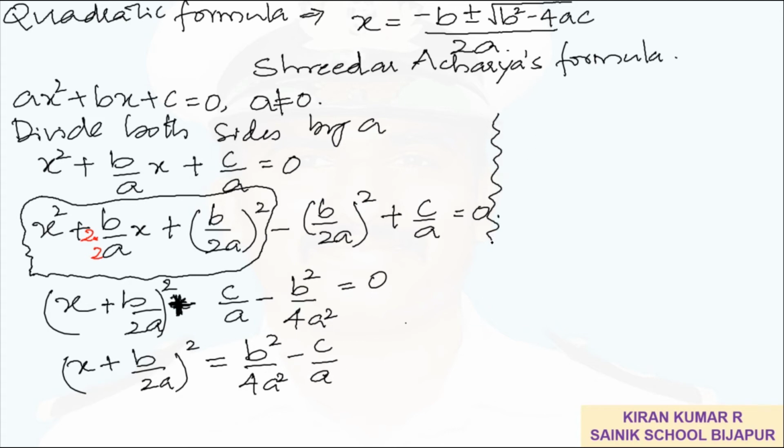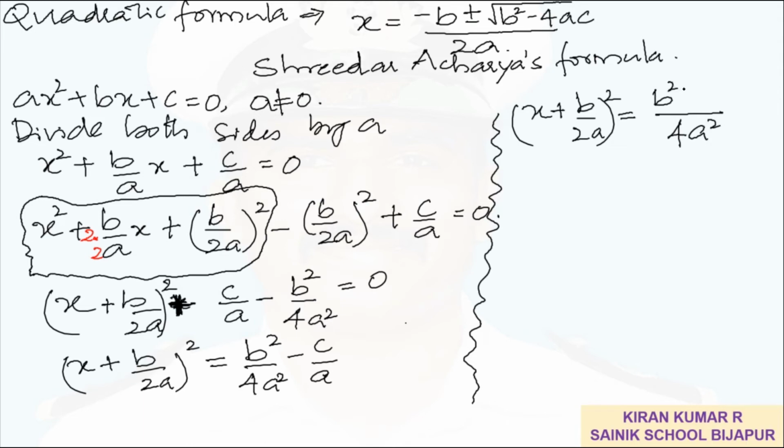Let me continue this here. So we got x plus b by 2a whole square equal to, taking the LCM, 4a square, so it becomes b square minus 4ac.